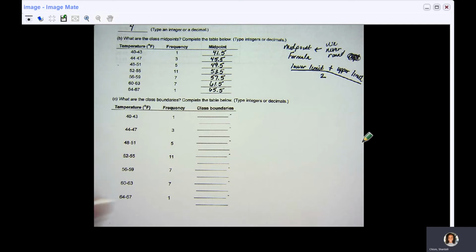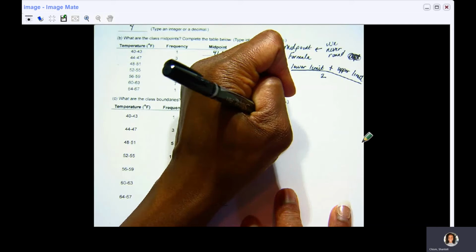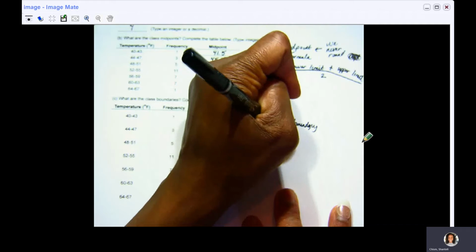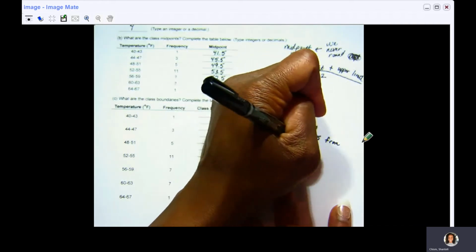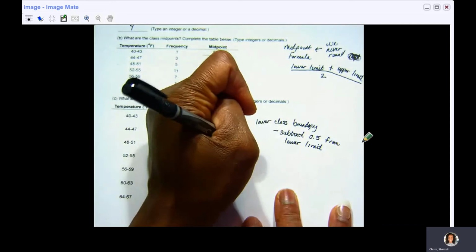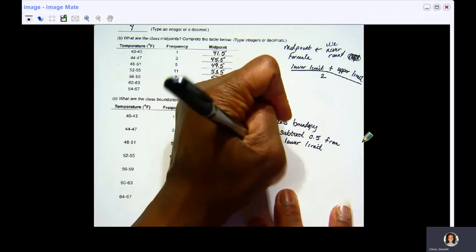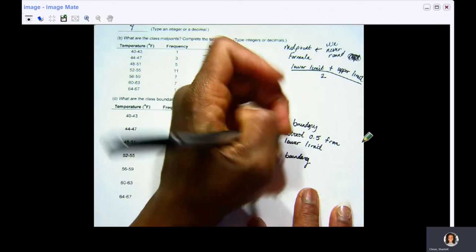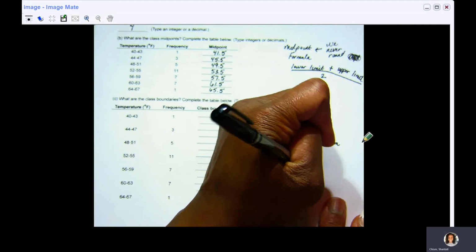To get the class boundaries, let's say the lower class boundary, you will subtract 0.5 from the lower limit. To get the upper class boundary, you will add 0.5 to the upper limit.